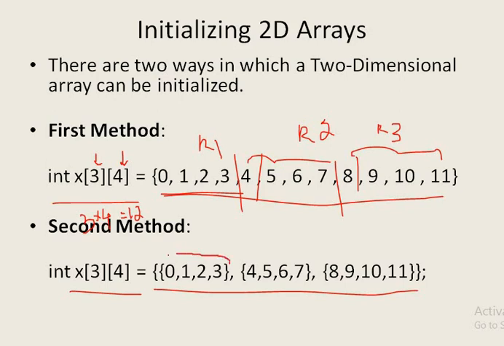The first row elements will be represented in a pair of braces, then the second row elements will be represented in another pair of braces, and the third row elements will be represented in another pair of braces. So, each of these rows will be separated by using inner braces. So, this is a more efficient method for identification.